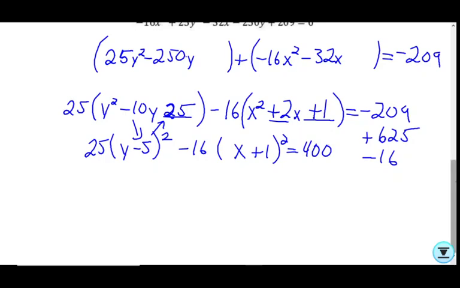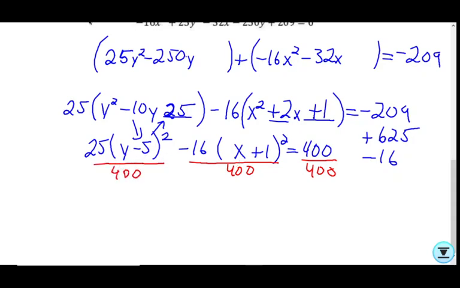Okay? So now I've got my hyperbola equation coming along very nicely, but it's got to be equal to 1. So I've got to divide both sides by 400. Divide this by 400, divide this by 400.